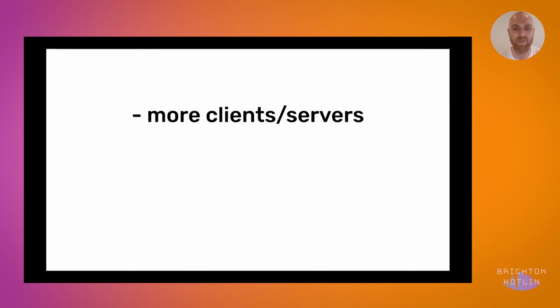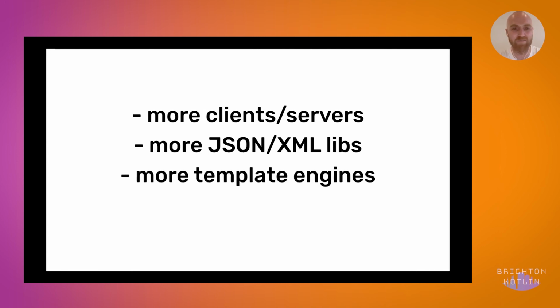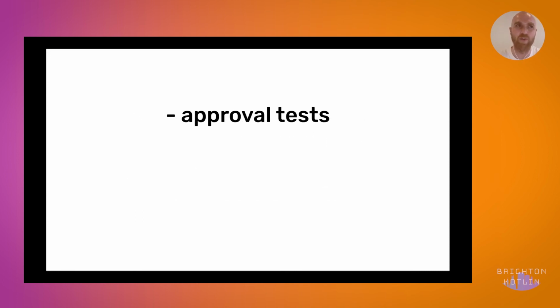So there are more integrations with HTTP clients and servers, like standard Java clients and servers. There are other JSON and XML libraries, template engines, and serverless platforms, something I didn't even mention. Then approval tests, which I was mostly doing. This is actually a much more subtle and bigger topic than it seems if you never use them a lot.